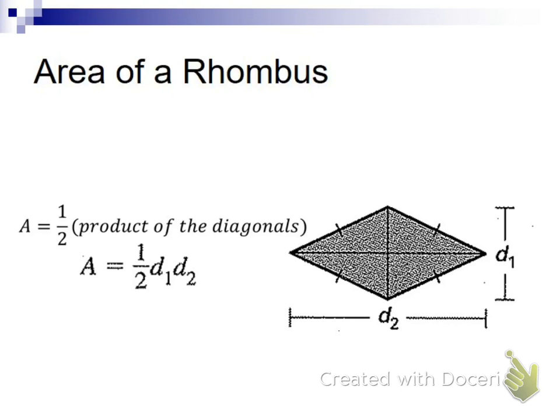In our next set of boxes, we've got the area of a rhombus. So our formula is A equals 1/2 times D1 times D2, where D1 and D2 are the diagonals. So we've got this picture here that shows a rhombus. We know it's a rhombus because all of the sides are congruent.